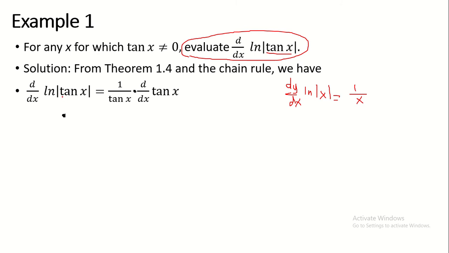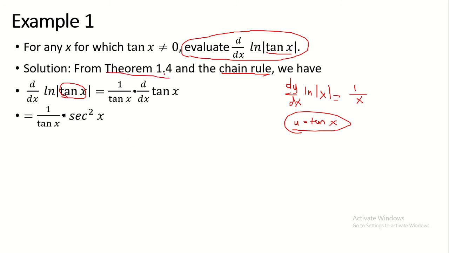Dito sa example natin, ang u natin, kasi gagamit tayo ng chain rule, ay tan x, yung nasa loob ng absolute value symbol. So, i-apply ngayon natin yung theorem 1.4 and the chain rule.